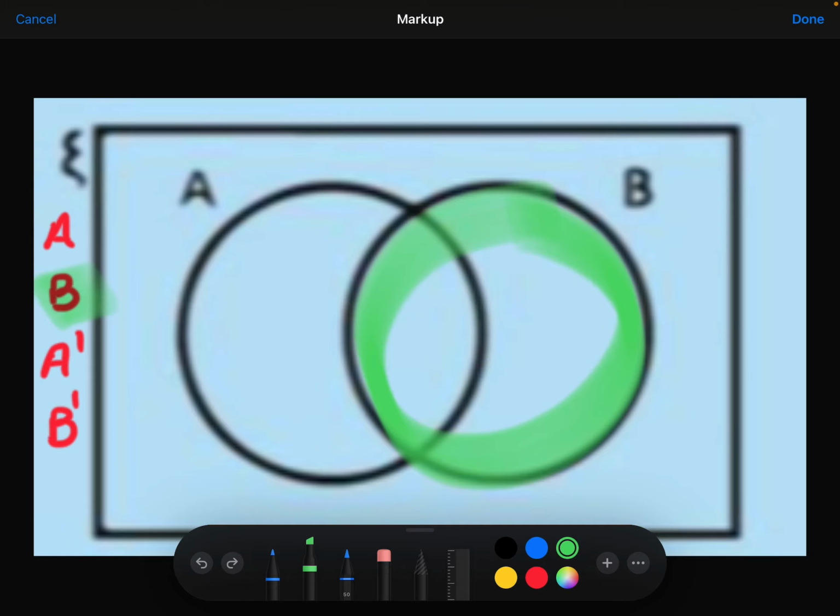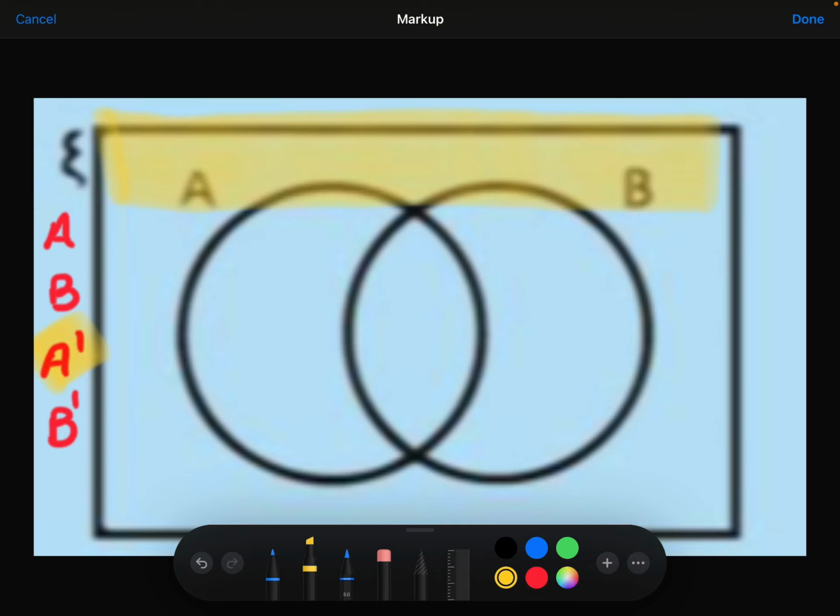Now the next one, that little dash there, A dash, that means that it is not in A. That's what the dash means, it means not. So the region on this Venn diagram that represents not A is all of this. This is the bit of the Venn diagram that is not A.